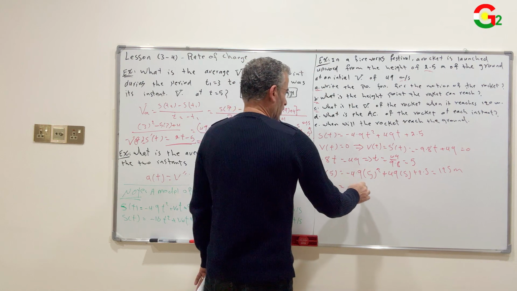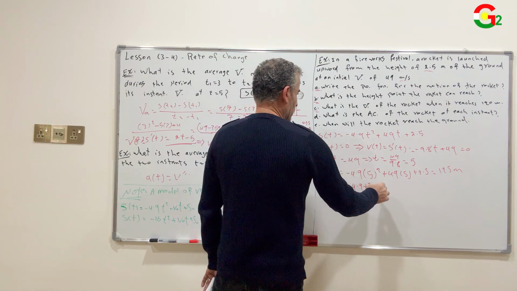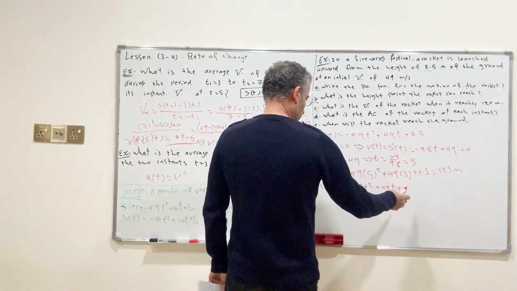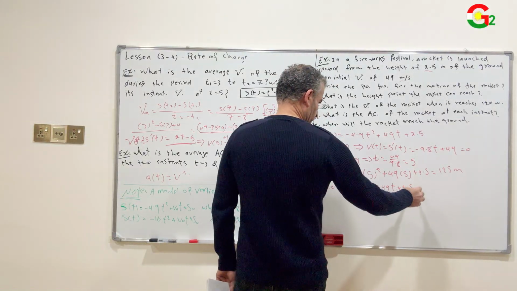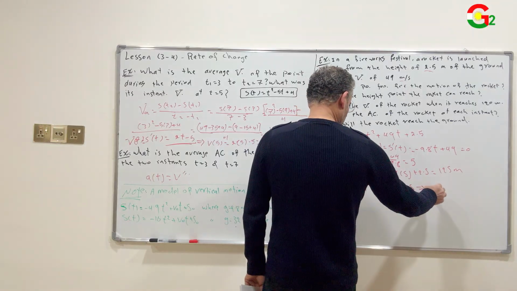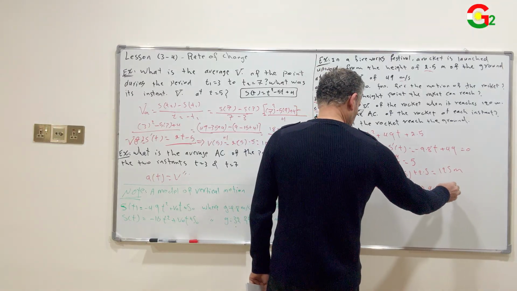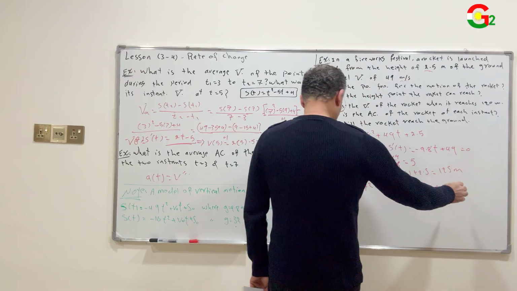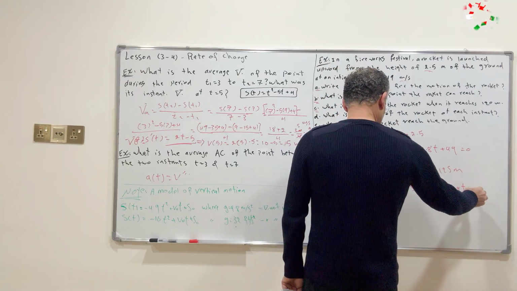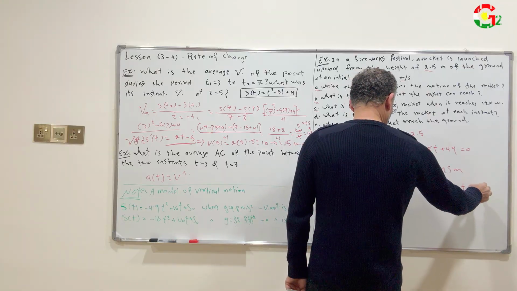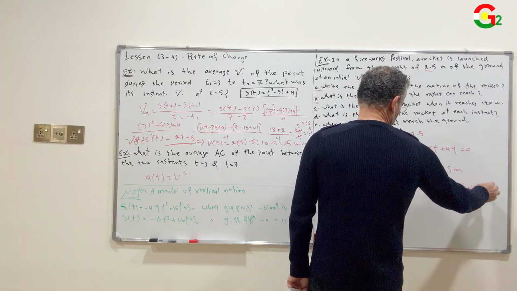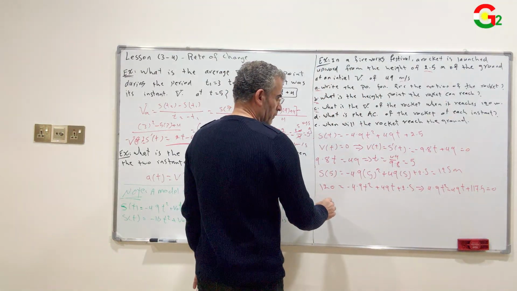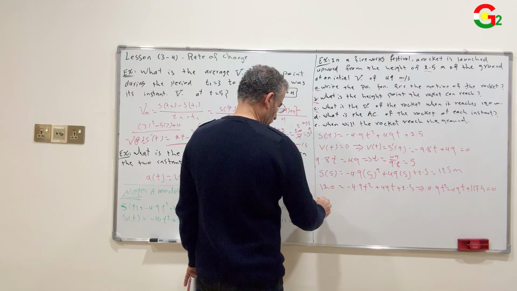Negative 4.9t squared plus 49t plus 2.5 equals 120, then 4.9t squared minus 49t plus 117.5 equals 0. We'll use the quadratic formula to find the value of t.